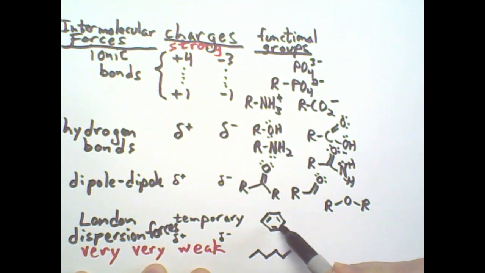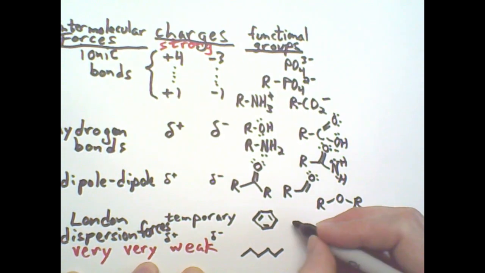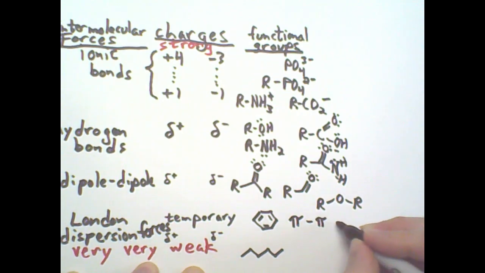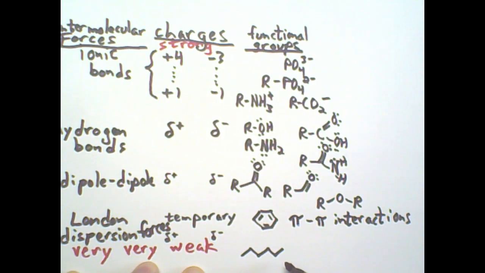When you've got an aromatic ring, the electrons are shared all around it, and so they have farther to move, and you can get some interesting effects. These are called pi interactions. And then we've got these basic dispersion forces with the alkanes.